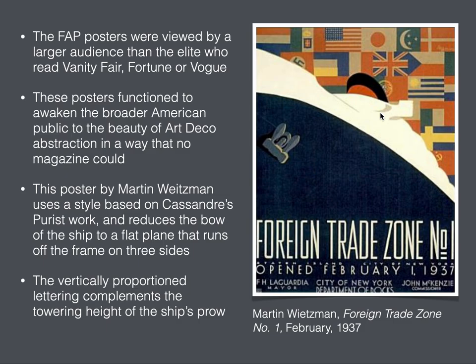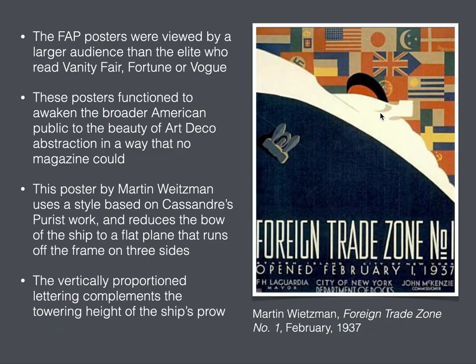So this is another poster designed by Martin Weitzman. These posters function to awaken the broader American public to the beauty of Art Deco abstraction the way that no other magazine could, because these were just hung around. They were on walls and fences and on hoardings.